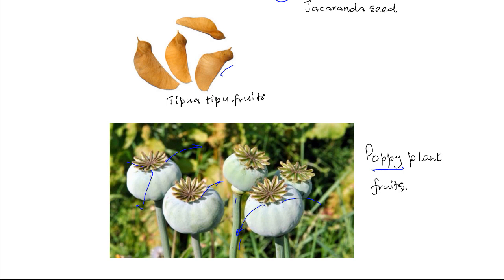So there is a long stalk that supports the fruit, and the seeds are shaken out of the fruit as the wind sways the fruit from side to side. And in most cases, such seeds that are scattered in this manner are tiny. Once they are thrown out, they can easily float in the air and be carried in the wind.